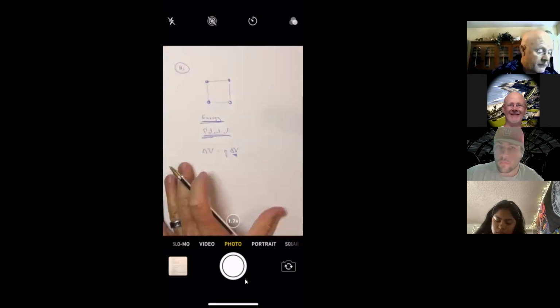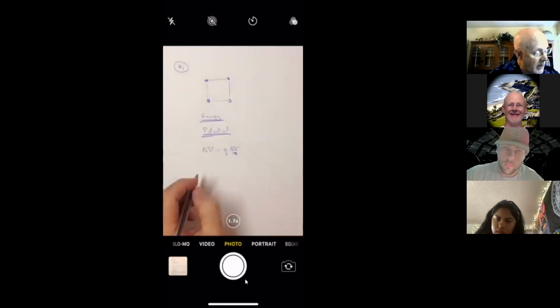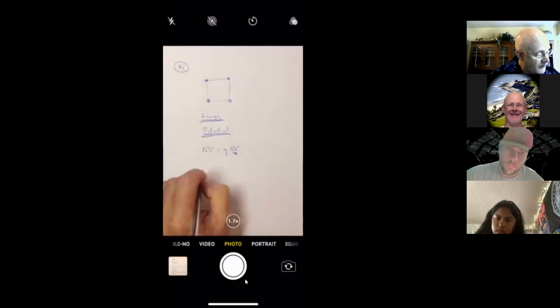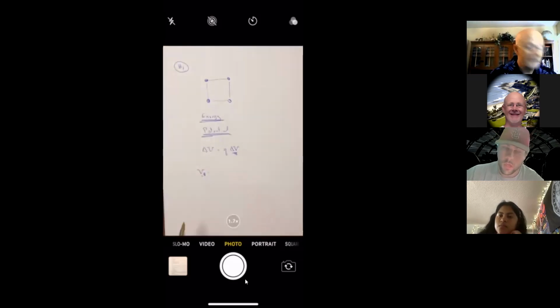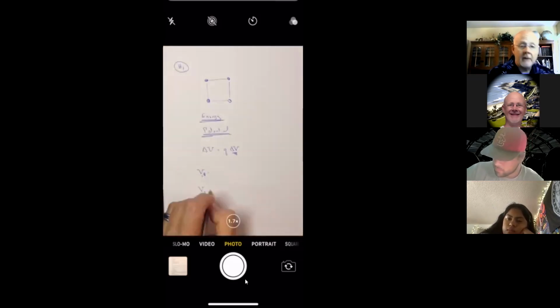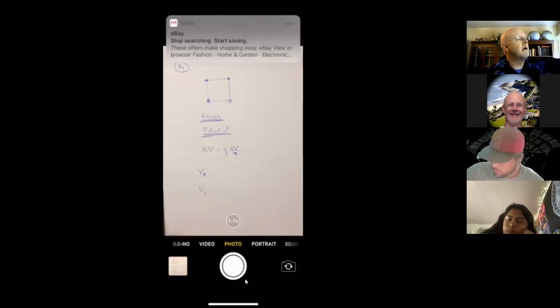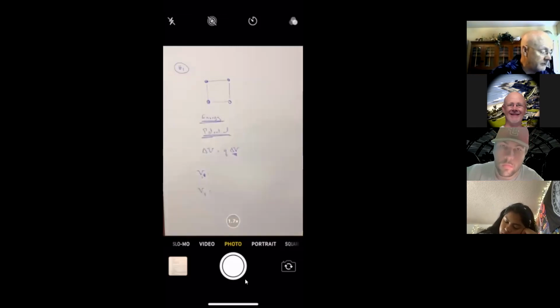All right. So I'm going to say, what is the initial potential? And then what is the final? Because when I subtract those 2, I can say what's the change in the potential.